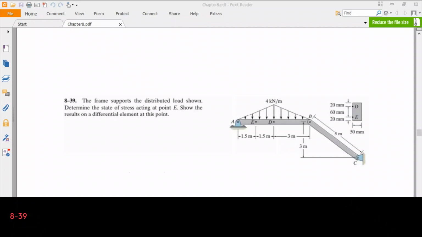Then we have another dimension, H. H is equal to 100 millimeters, so it is 0.1 meters. And the distance of E is, let's say, DE, and that's given from the figure as 30 millimeters, 0.03 meters.